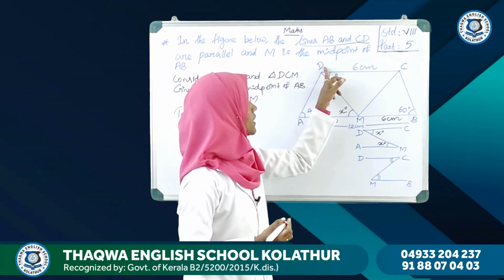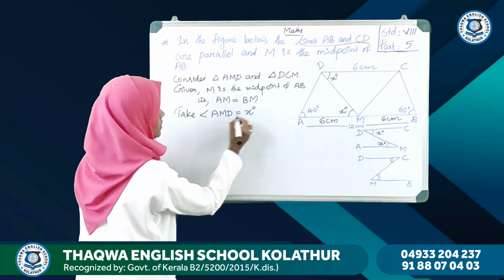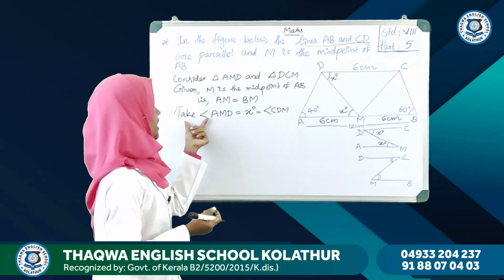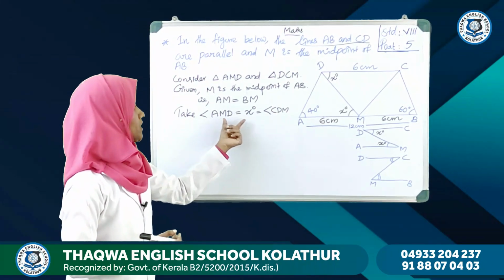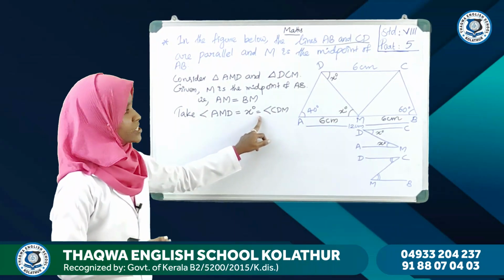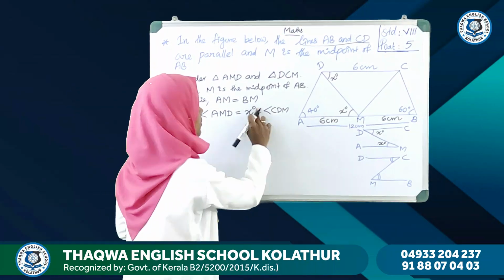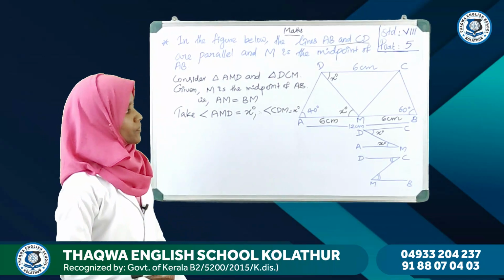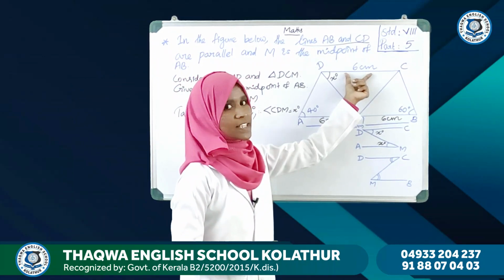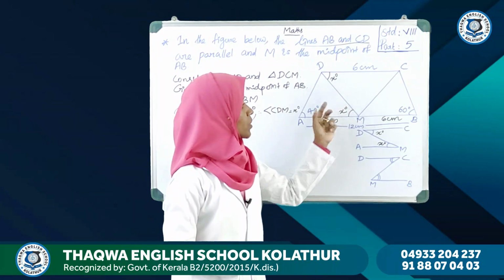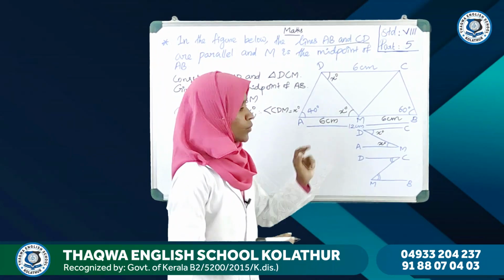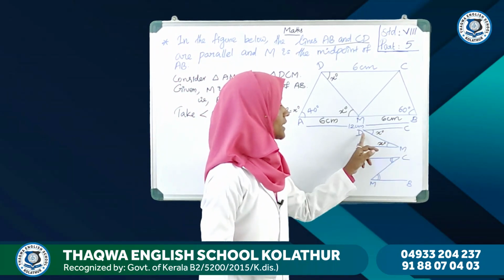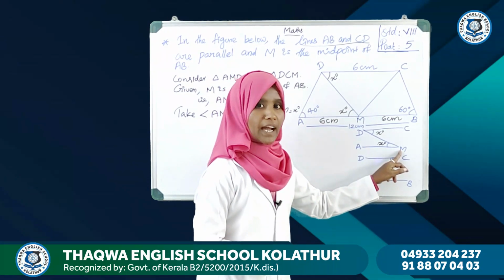Angle CDM. Take angle AMD x degree. So we can also write angle CDM is also x degree. What is the reason? Yes, you have given the lines AB and CD are parallel, so the alternate angles are equal. Angle AMD and angle CDM are the alternate angles. Okay.